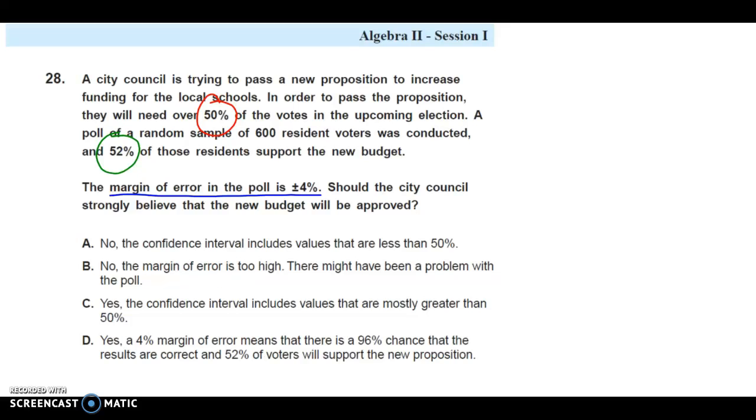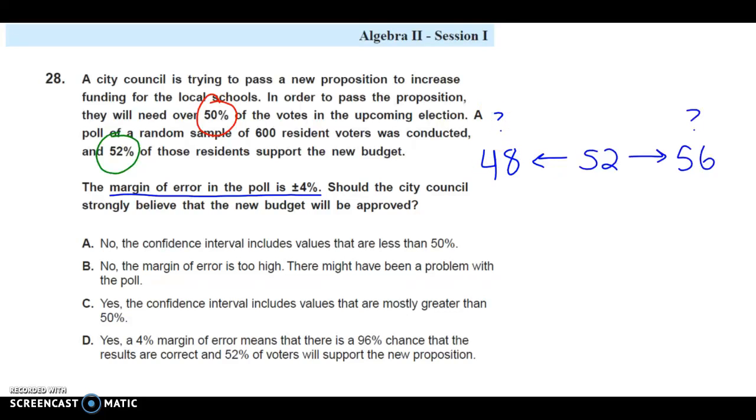Polling is not perfect. It's an approximation. So when they tell you there's a margin of error, there could be a swing either way from 52%. If they polled and 52% supported it, what that's saying is up to 4% more could have actually supported it. So this could actually go to 56. We don't know. Or it could be as little as 48.